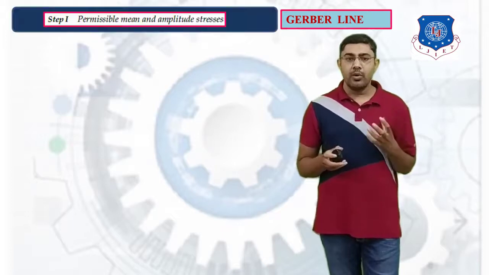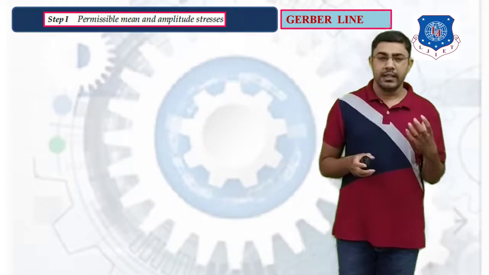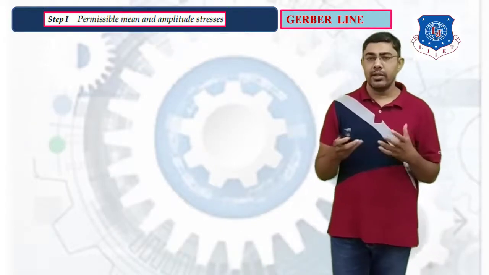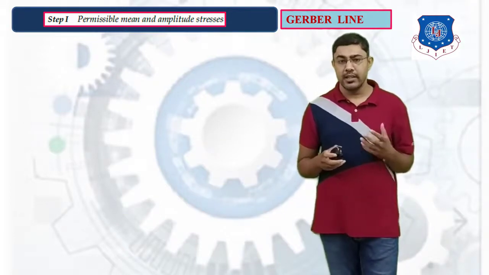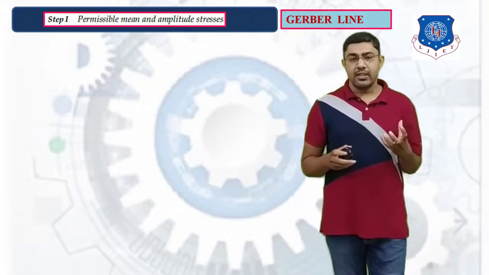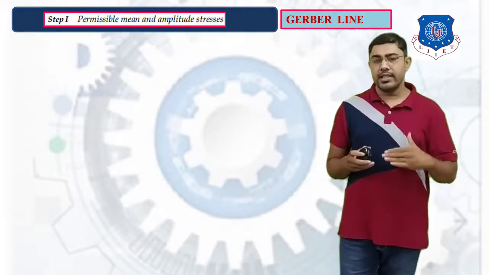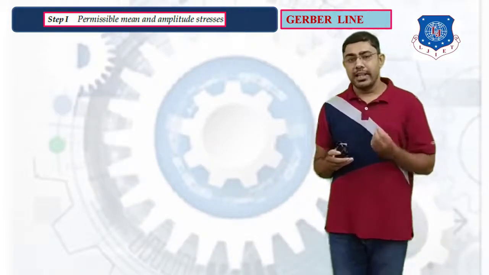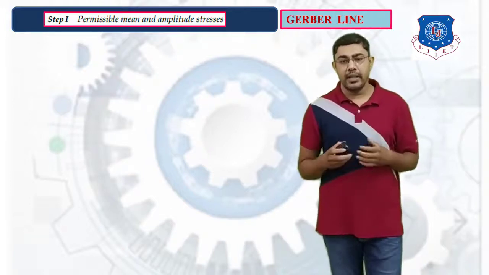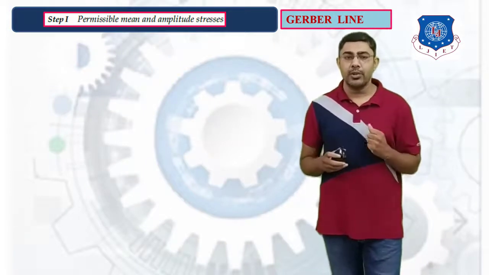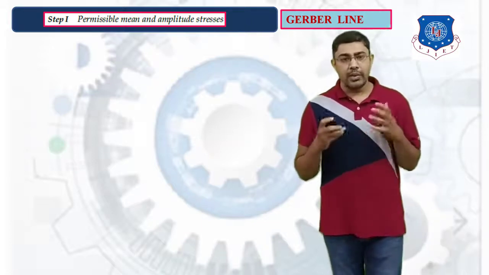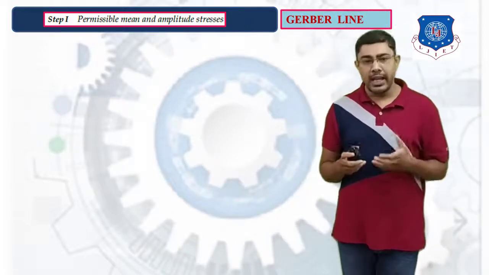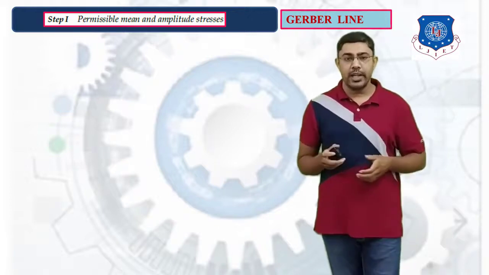As we know, the Gerber line criteria is based on fluctuating load, and this problem is based on it. When the fluctuating load is given, there will be sigma A and sigma M, that is the amplitude stress and the mean stress. The first step is to calculate the mean and amplitude stress.